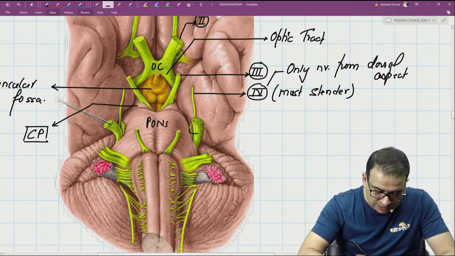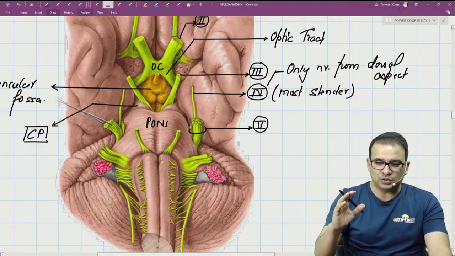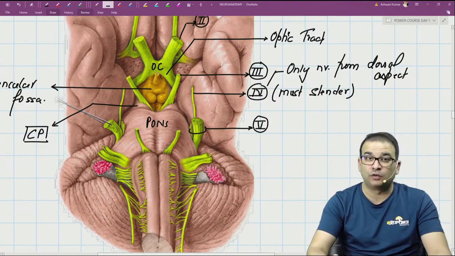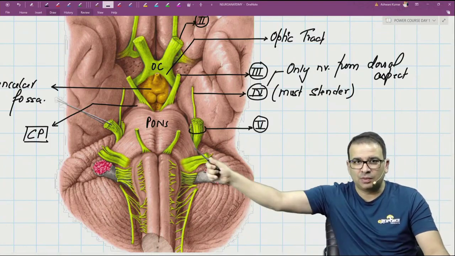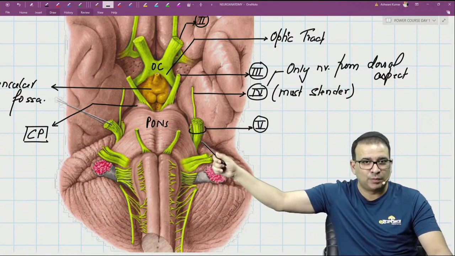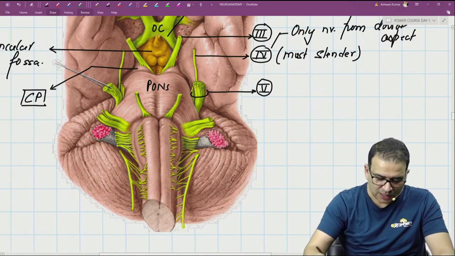So this whole thing is the thickest cranial nerve, and that's the fifth nerve. And that is the only nerve emerging from the ventral aspect of the pons. The remaining nerves come out from the pontomedullary junction.